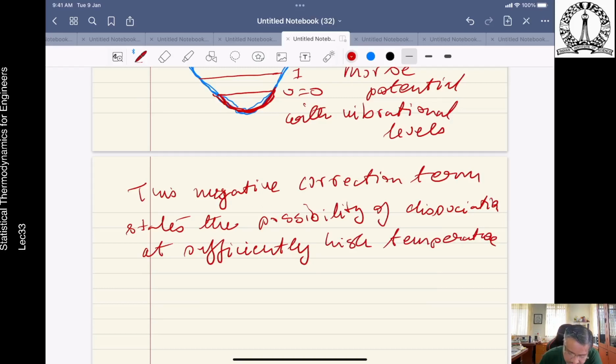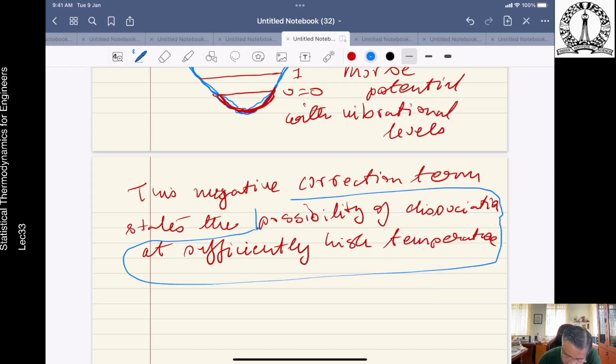So this actually states that there is a possibility of dissociation at high temperature.